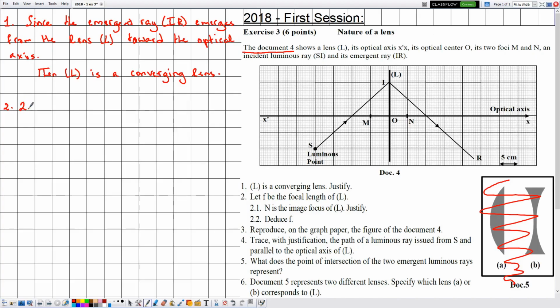So for a converging lens, the emergent ray and the image focus are on the same side. Then N is the image focus.